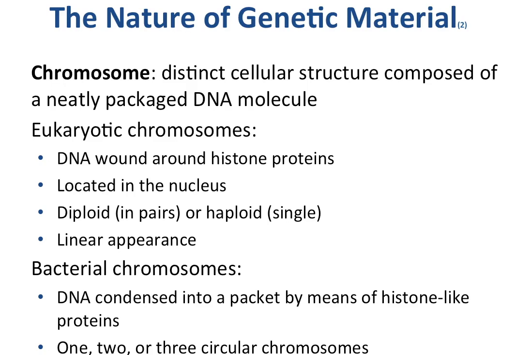The DNA can be condensed and packed with histone-like proteins. Those proteins also maintain the DNA structure. Some bacteria have a circular chromosome, which is very stable, so this type of DNA may not need too many histone-like proteins.